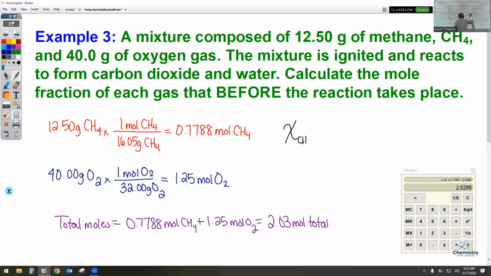So the mole fraction for methane is going to equal the moles of methane, 0.7788, divided by the total number of moles, 2.03 moles total. We wind up in this case with a mole fraction of 0.384.